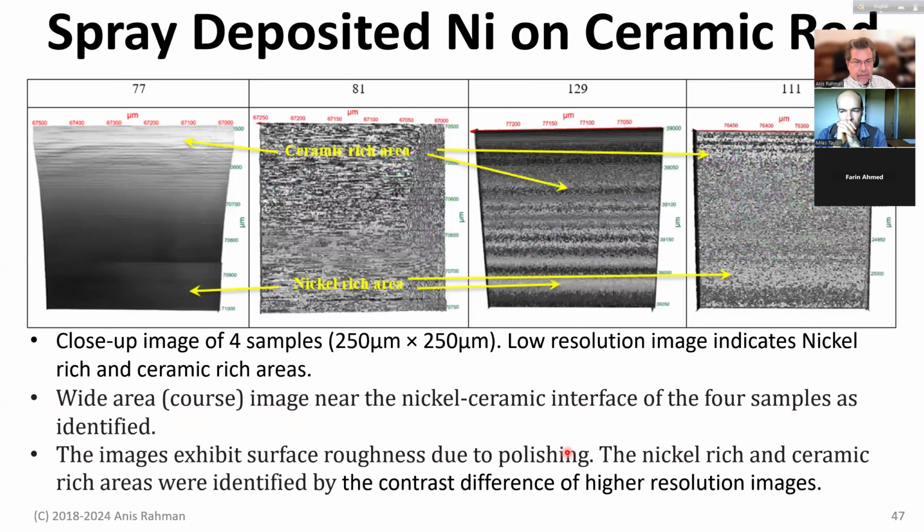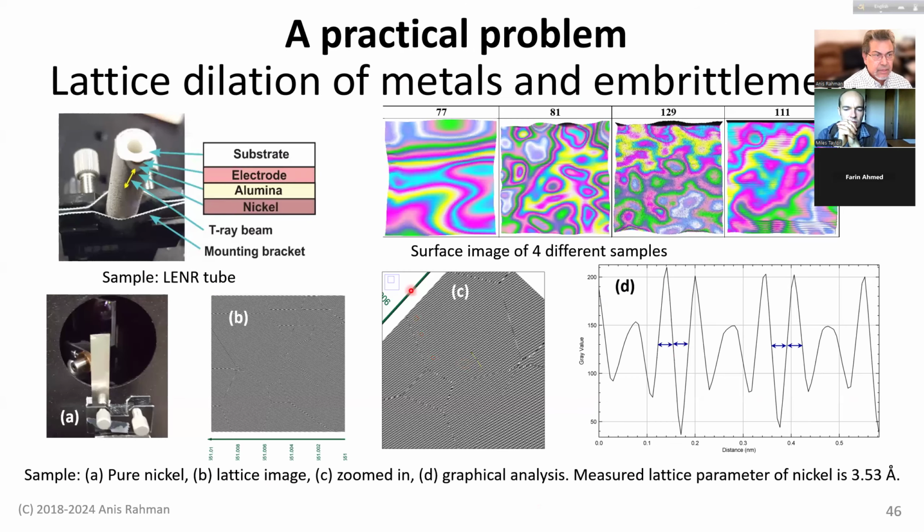Now, the fun part. Those 4 samples, 77, 81, 129, and 111, had varied amounts of electrical stress put on them. So if we take a 250 micron by 250 micron area, where are we taking it from? Over here, you see that?